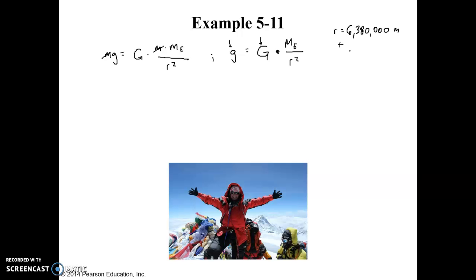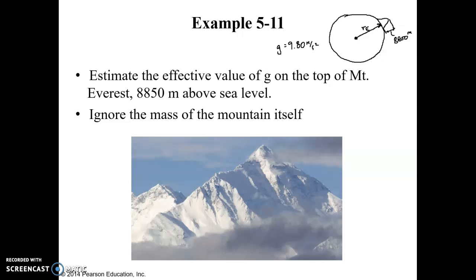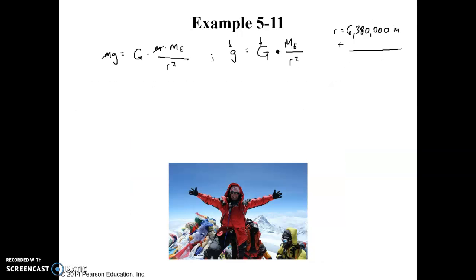But we're going to add to that the height of Mount Everest, which was 8,850. So that is equal to 6,388,850. So that is now going to be our R.